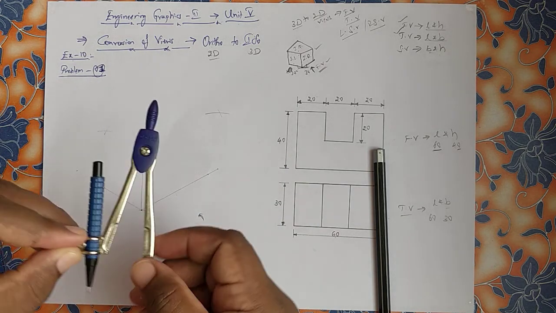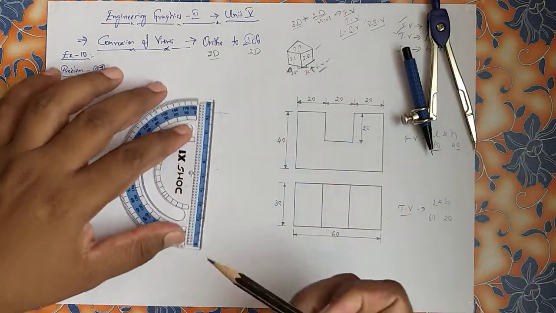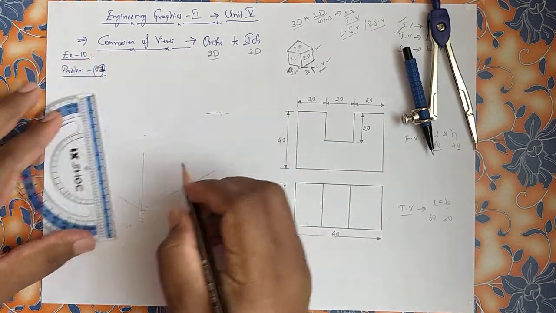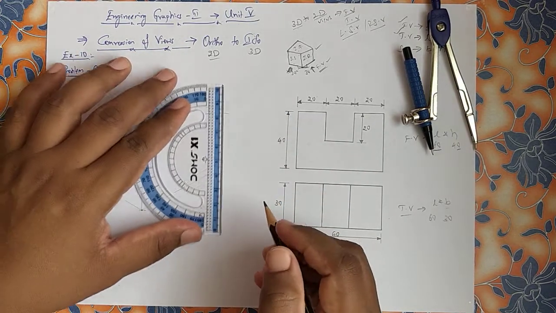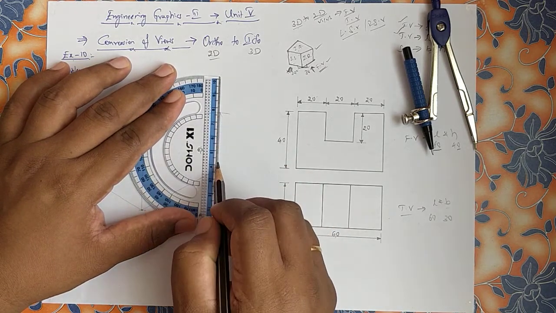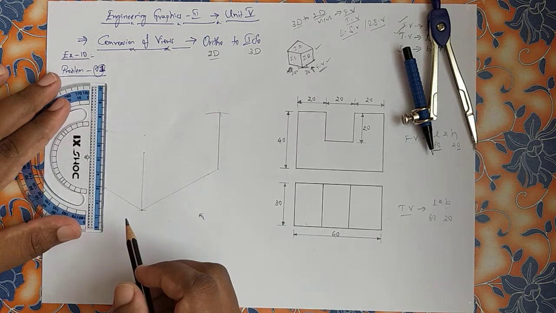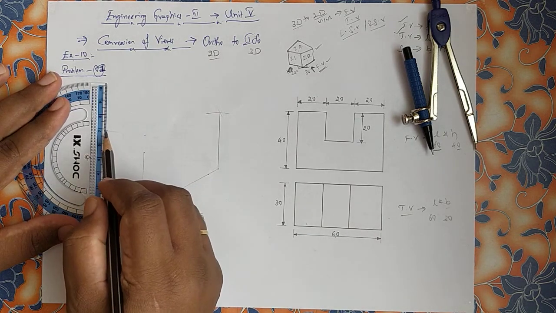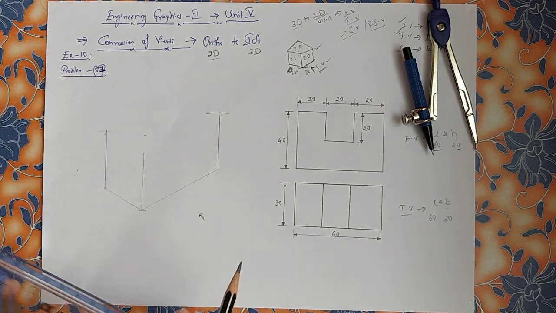We have cut the arc. Now if you observe, from this particular intersection point, put the points and draw vertical lines. We will get exactly whatever line we have drawn earlier.